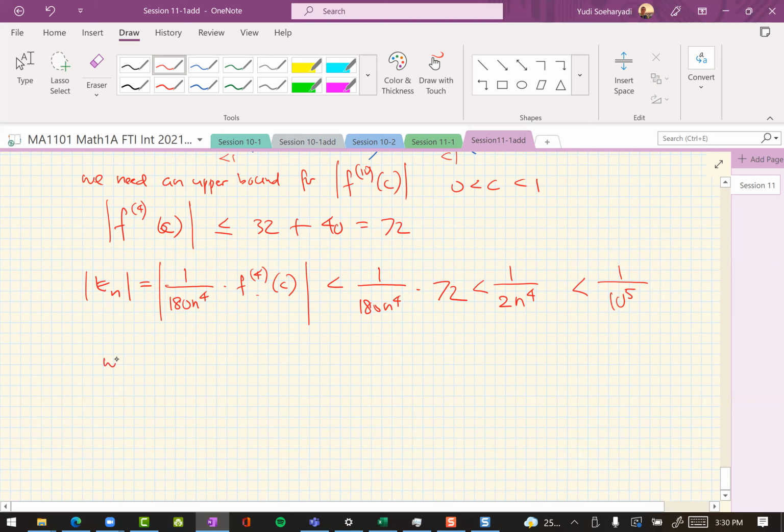So we should have 2 n to the fourth bigger than, that means n to the fourth bigger than, divided by 2, this is 5. Right? Now power 4.